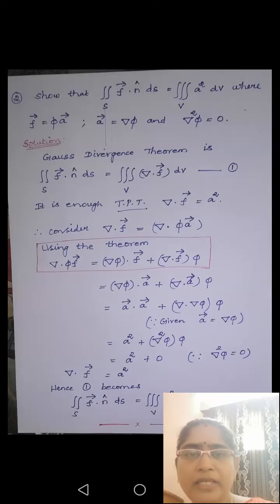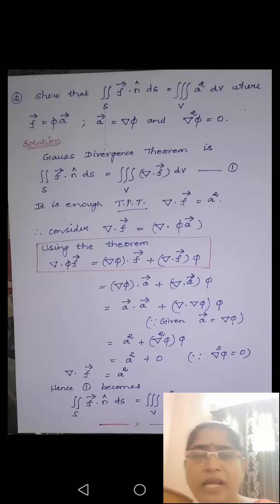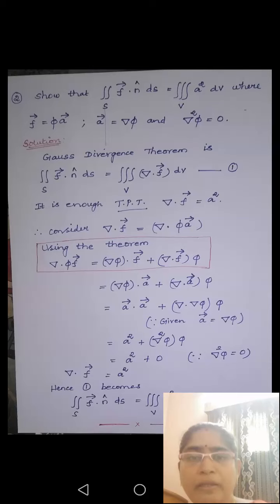Therefore, consider del dot f vector, that is equal to del dot. In the problem, it is given f vector is equal to phi into a vector. Therefore, substitute, that is equal to del dot phi into a vector. Now, use the theorem del dot phi into f vector. This can be written as del phi dot f vector plus del dot f vector into phi.